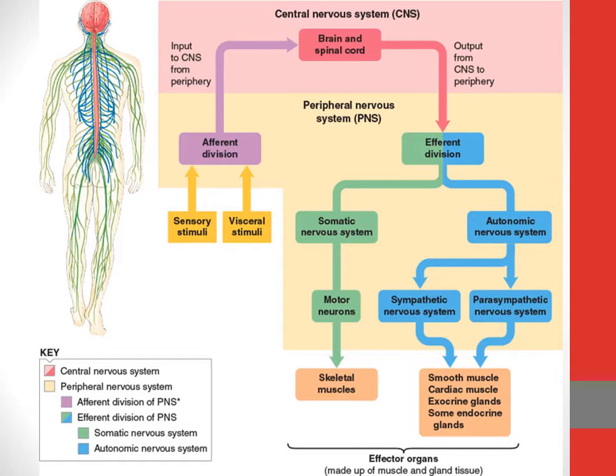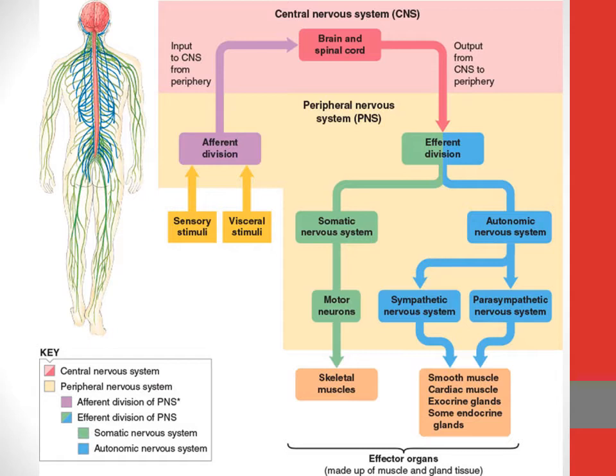And they can be in two forms. They can be sensory stimuli, such as from the skin, soft tissue, and they can be visceral stimuli, meaning from the internal organs. Okay, so either one of those can provide information to the central nervous system.